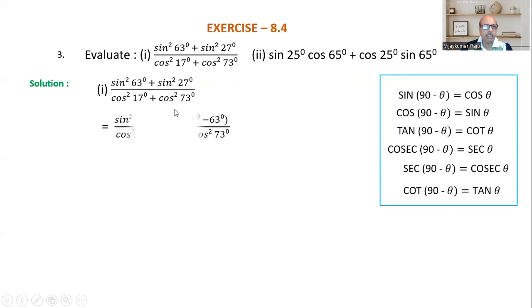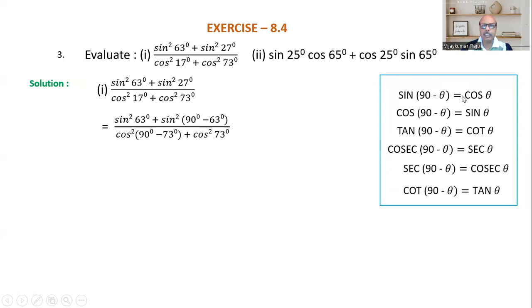Now, what do you write? Sine square 63 plus sine square 27: 27 can be written as 90 minus 63. So I am expressing 27 as a difference of 90 and another number. So it has become sine 90 minus theta.